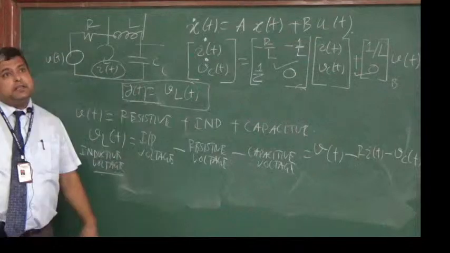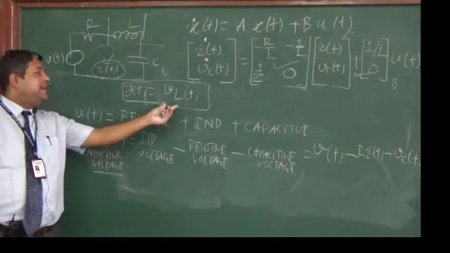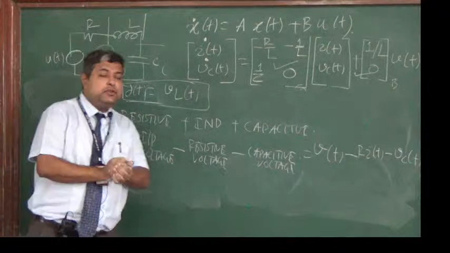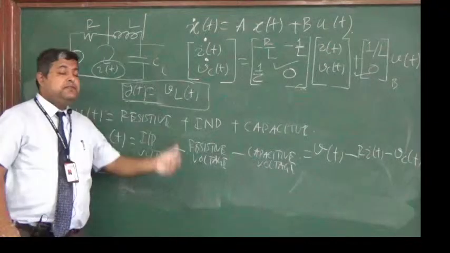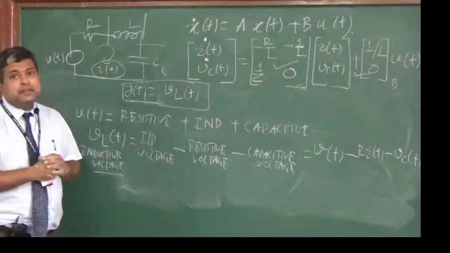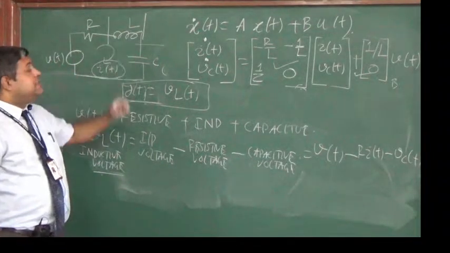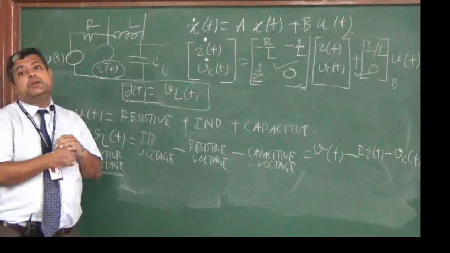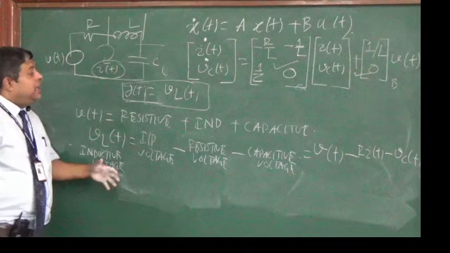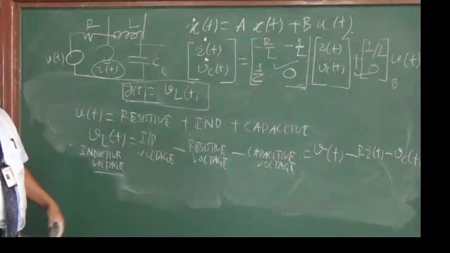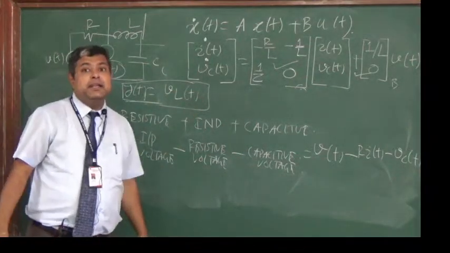Initially we had taken y(t) as i(t) and got the C matrix. Then I changed y(t) to vC(t), and got the C matrix as 0 1. Now I have changed the output equation to vL(t), the inductive voltage. In that case, how will the y(t) equation change? But for all three cases, the first equation will remain the same.